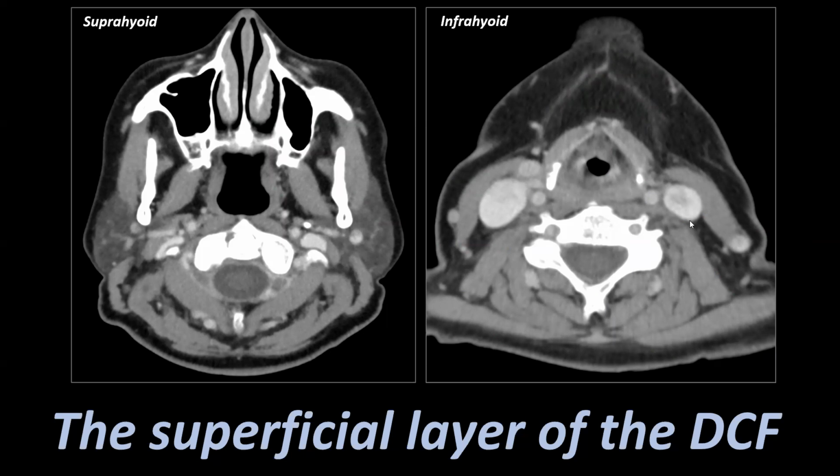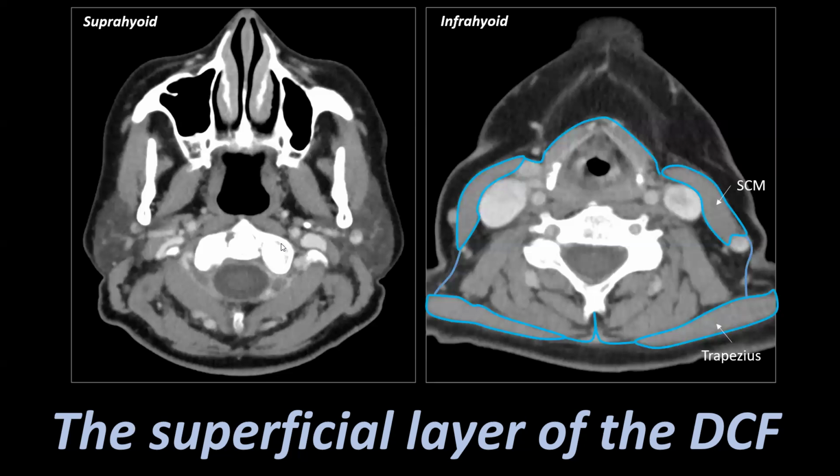If you look at the infrahyoid neck, we can find it encircling the trapezius muscles and the sternocleidomastoid muscles, and it completely encloses the neck. At the posterior part, it is attached to the spinous processes and ligamentum nuchae of the cervical vertebra.